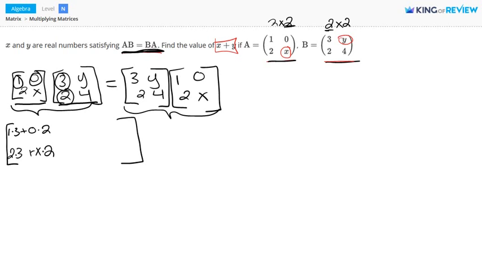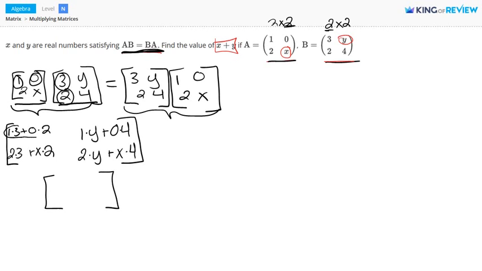And now we'll move over to the second column. So we have 1 times y plus 0 times 4, and the last entry is 2 times y plus x times 4. Now let's simplify these entries.